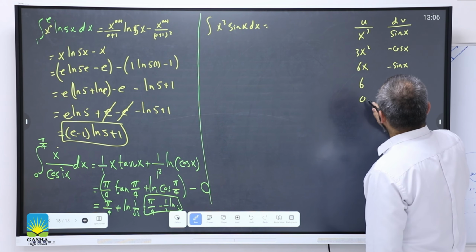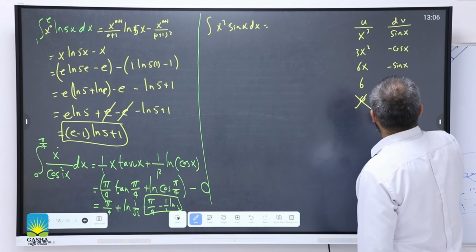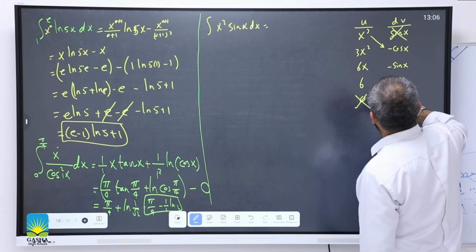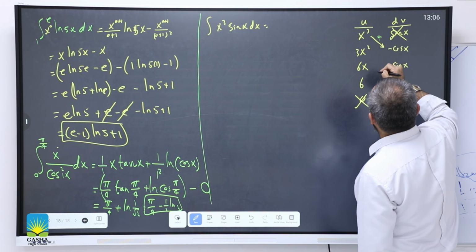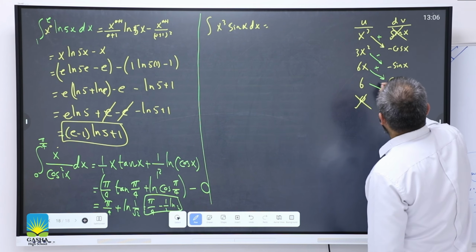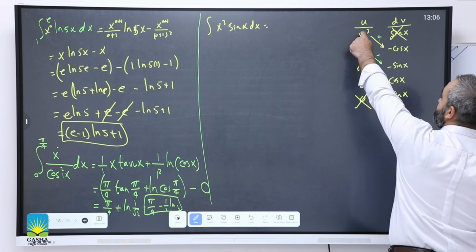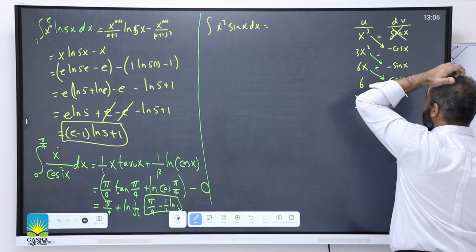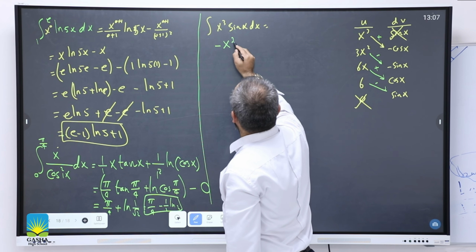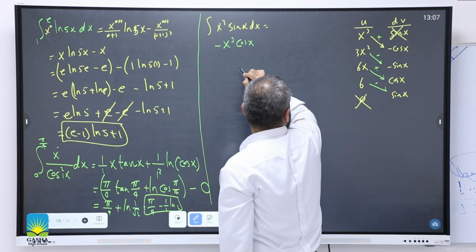We don't take the 0 and we don't take the last sine, so we multiply by signs: first positive, then negative, positive, negative. So we times x power 3 by negative cosine x, equal to negative x power 3 cosine x.